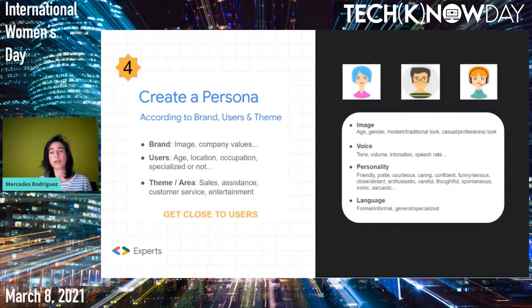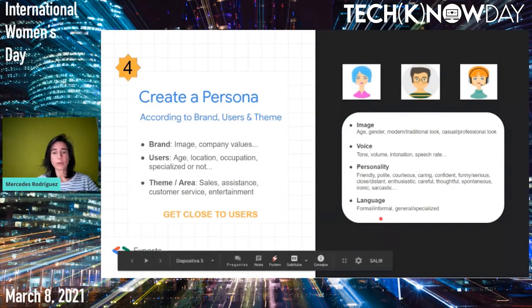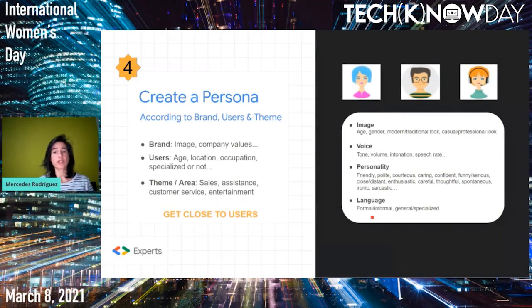It can be funny or serious, or it can transmit confidence, or just be very enthusiastic, or maybe even ironic or sarcastic. And the language that it's going to use. It can use a formal language or an informal one, or maybe it can use a general language, or use more specialized language. What's going to determine this is the brand, the users, and the theme of our agent.